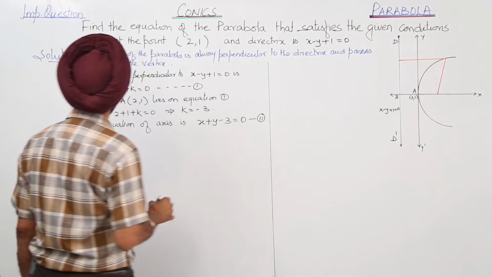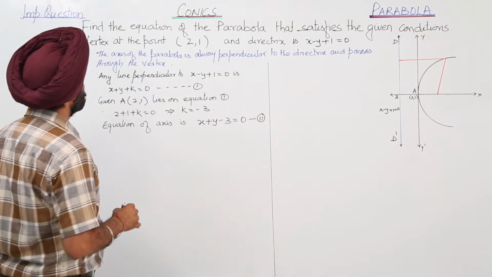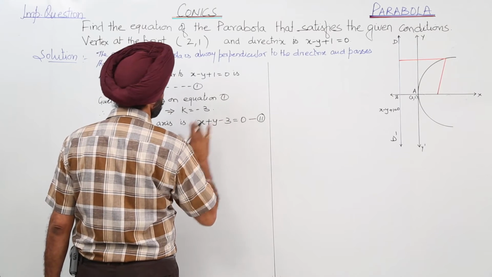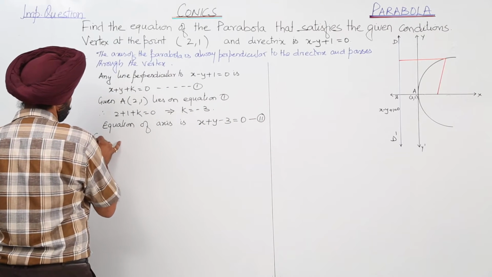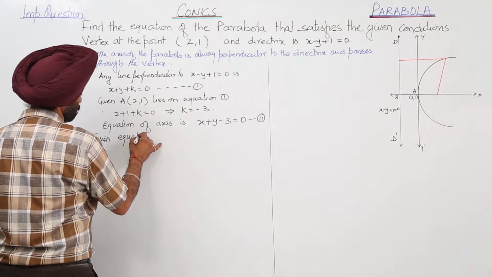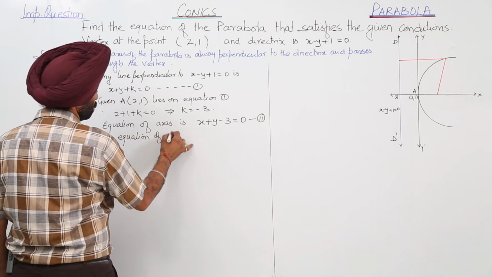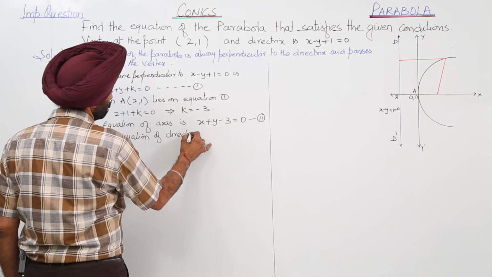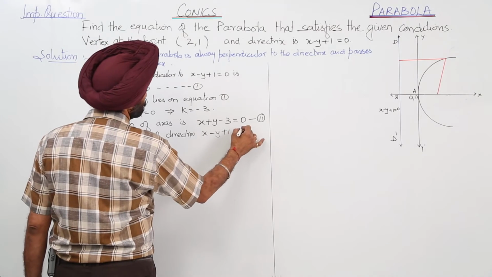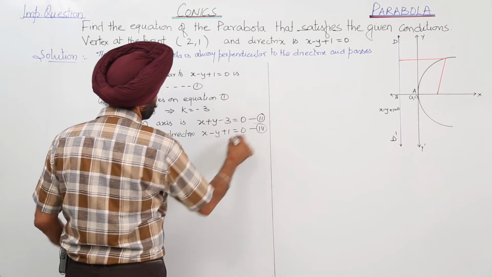And the given equation of the directrix is x minus y plus 1 is equal to 0, equation 3.